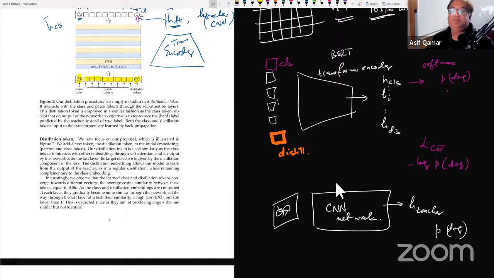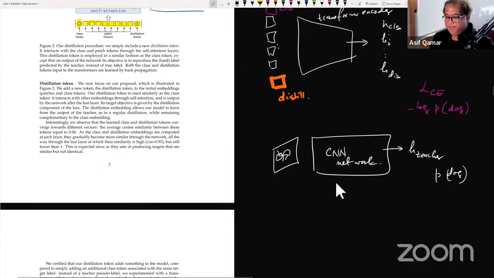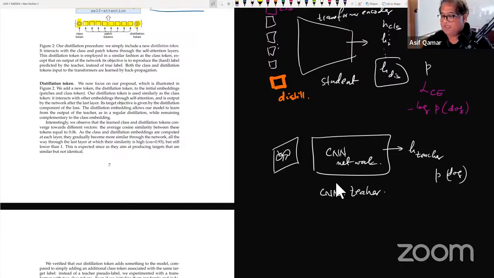The way the distillation works is that your transformer network is the student, and the CNN network is the teacher. Now you take the probability of a dog from the distilled state.